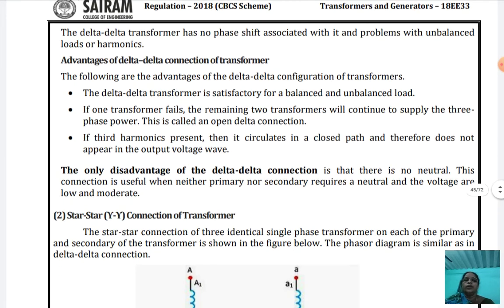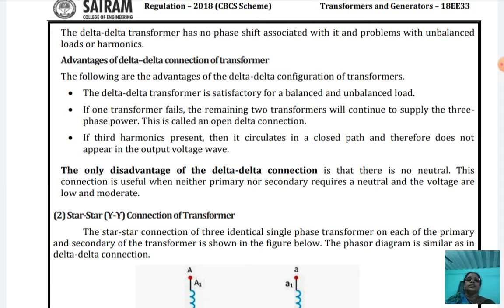Then what are the advantages of this transformer? The delta transformer is satisfactory for both balanced and unbalanced loads. And if one transformer fails, the remaining 2 transformers will continue to supply power to the 3-phase power system. This is called an open delta connection, or VV connection.